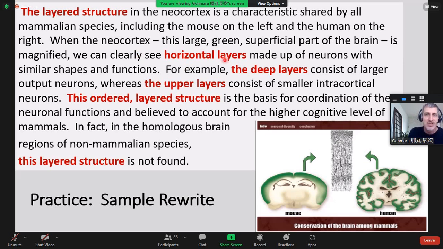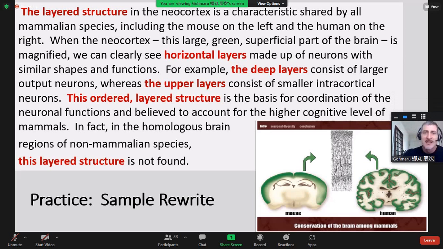The strongest position has the key main character in it. I think that listening to this, the audience will have no problem clearly catching the message for this slide, and that is that all mammals have a special structure where our neurons are in layers. And we think this is very important for coordinating the communication between neurons, and maybe that gives us an advantage over other non-mammals that don't have the same layered structure.